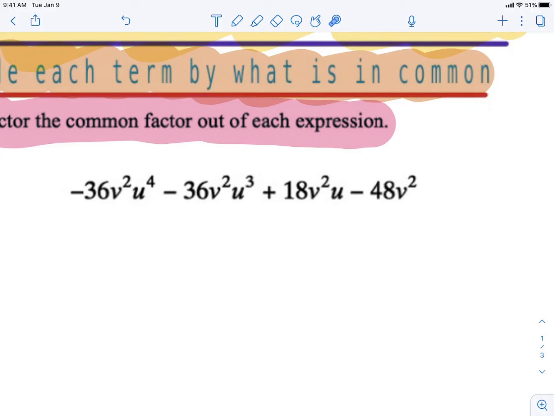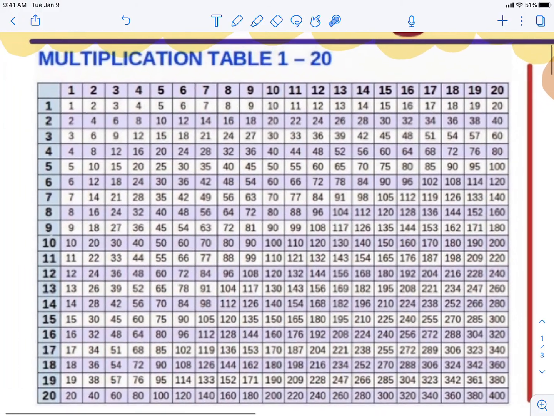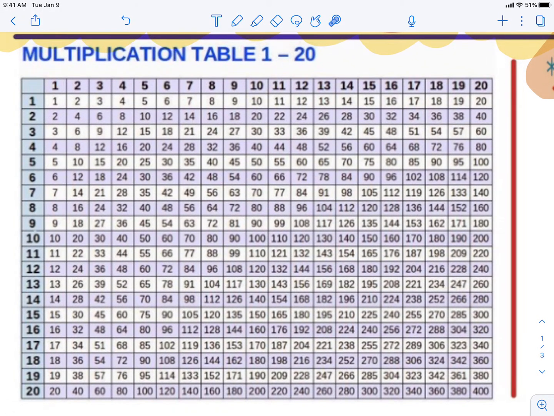So now we have to look at our multiplication chart, and we're going to look at 36, 18 and 48. So let us look. Okay, under 12, I see 36, but I don't see 18, so it can't be 12.